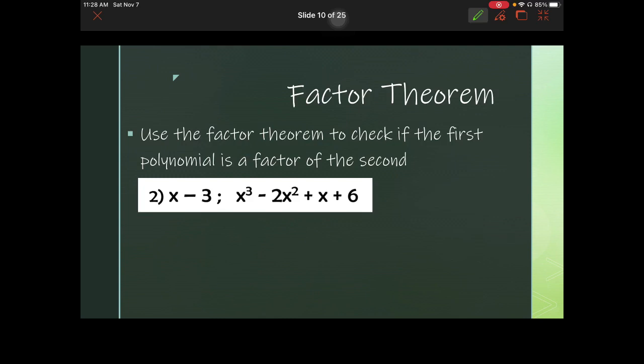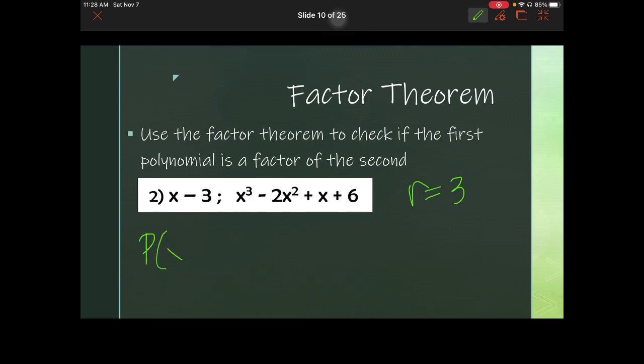So, we have to check if x minus 3 is a factor of x cubed minus 2x squared plus x plus 6. So, as usual po, kukuhanin natin ang opposite. If it is x minus 3, our r is positive 3.